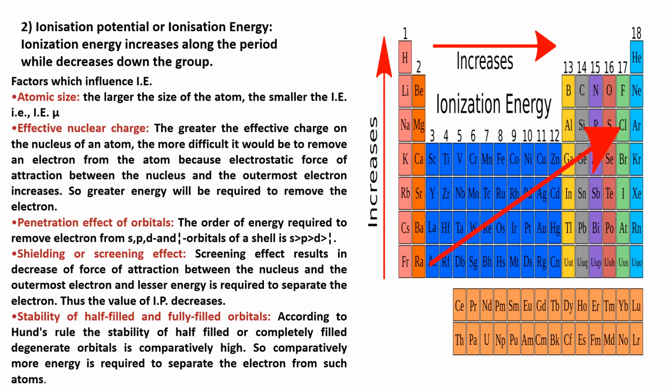For example, metals are solid at room temperature. All metals are solid at room temperature except mercury.